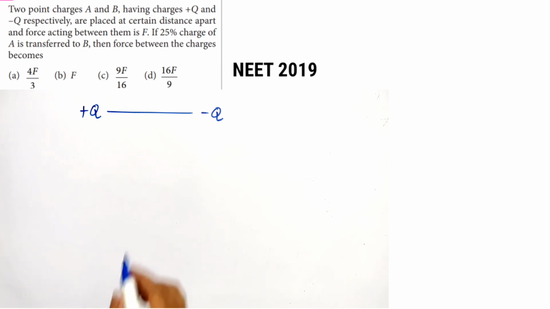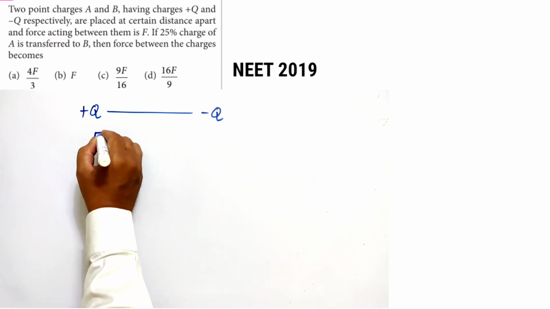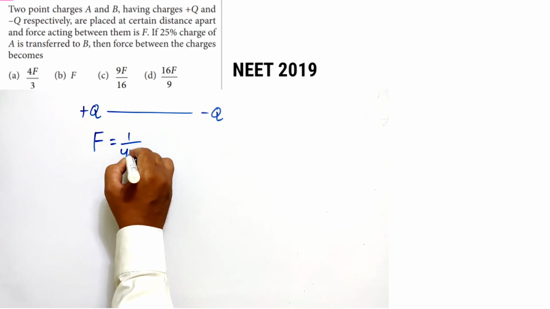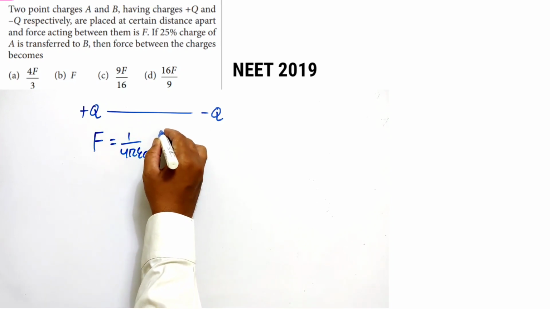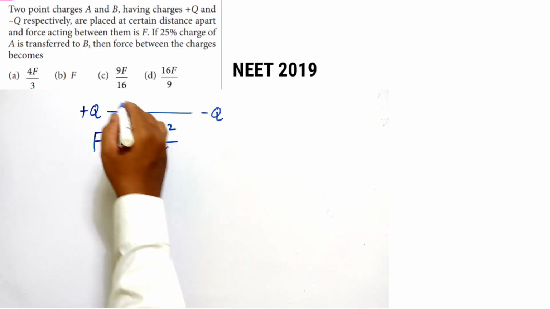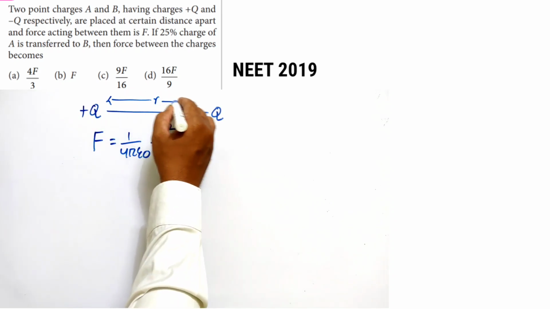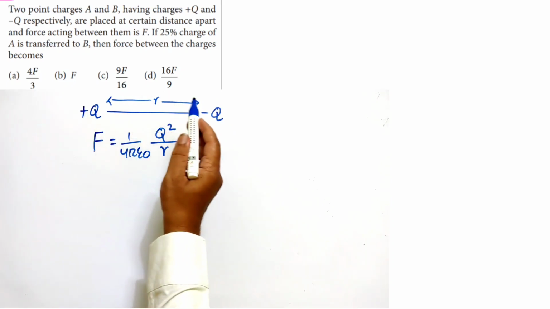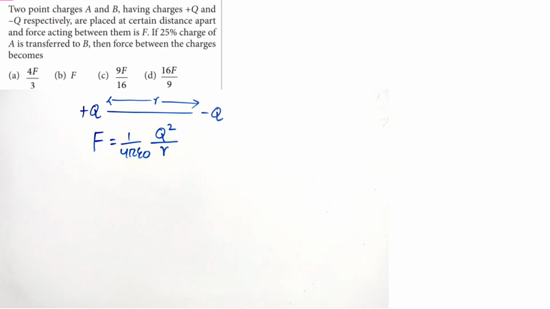Now you see, initially the force between the two charges can be represented by 1 by 4 pi epsilon naught into Q square by R square. The distance between them initially is given as R. Now in the question it is given that 25% of the charge from one of the charges is transferred to the other charge.